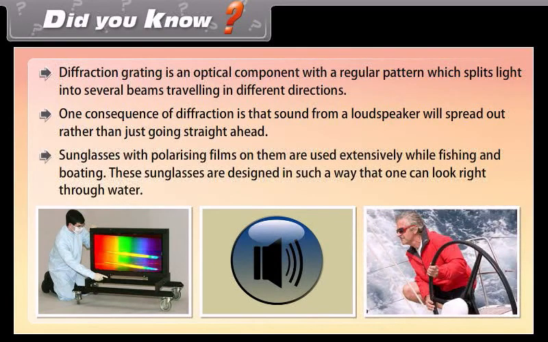Sunglasses with polarizing films on them are used extensively while fishing and boating. These sunglasses are designed in such a way that one can look right through water. Reflection of waves off sea walls or other barriers can cause an interference pattern called a standing wave. In standing waves, crests do not move laterally.